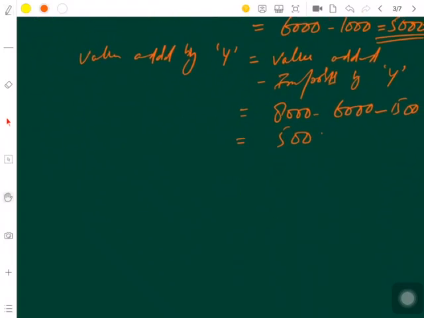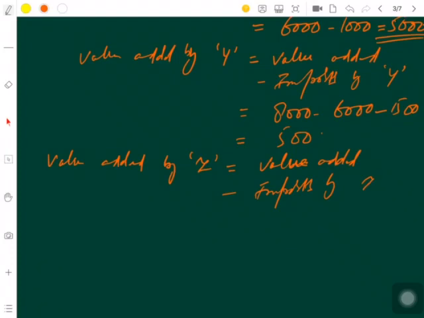Third thing will be now value added by Z is equal to value added minus imports by Z, which is equal to 12,500 from the above information minus these 8,000 again from the above information, 4,500.